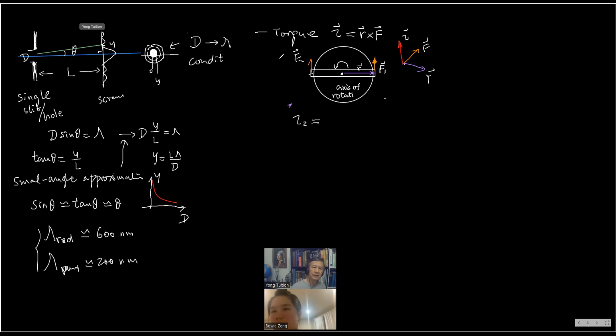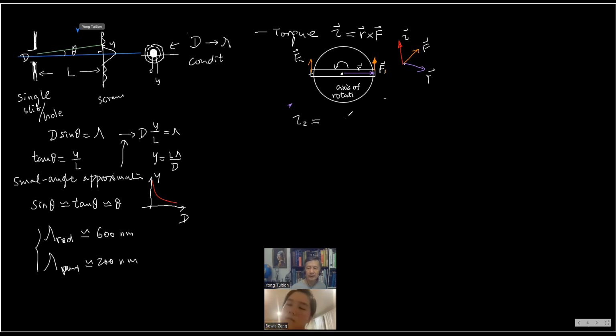So R is from the center, from the axis. So the torque will point out of the page. Therefore, the second torque counteracts the first one. Can you see? So therefore, there's acceleration of this rotation, depending on which is larger. So Newton's second law can be applied here.